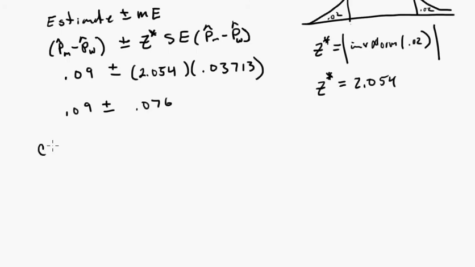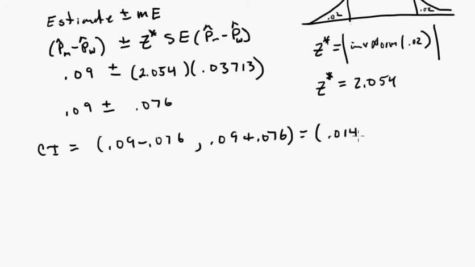So my confidence interval is going to be 0.09 minus 0.076 and 0.09 plus 0.076. And when I do that, I get 0.014 and 0.166. Okay, I haven't double checked this, so I'm assuming that's right.